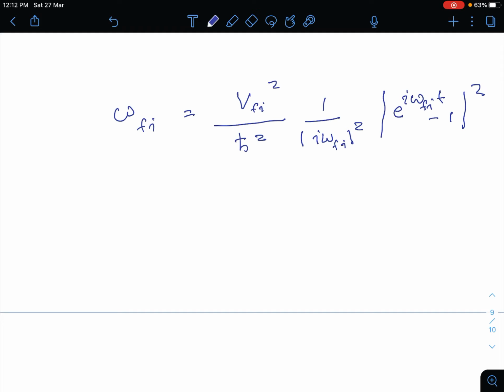Now from trigonometric relations, you can understand that e raised to i theta minus 1 whole square is equal to simply 4 sine square theta by 2. So now you have this equation here.